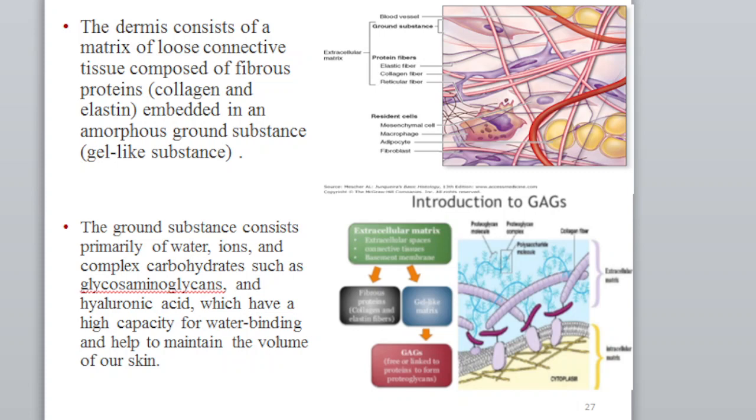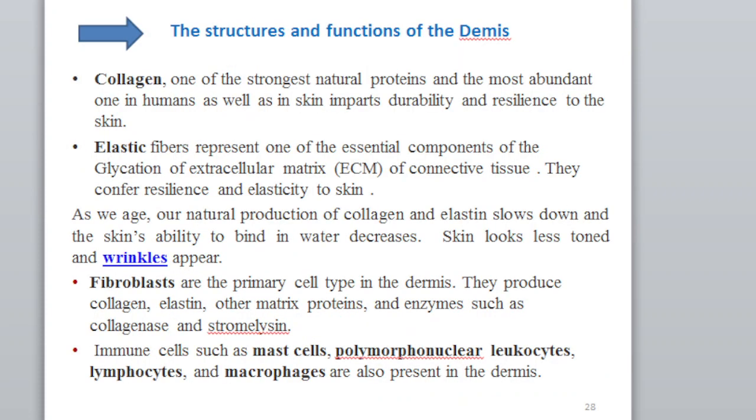Next slide. Collagen, one of the strongest natural proteins and the most abundant one in humans as well as in skin, imparts durability and resilience to the skin. Elastic fibers represent one of the essential components of the extracellular matrix of connective tissue.